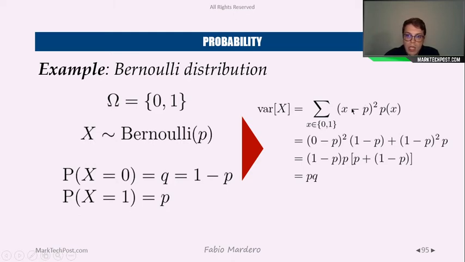Now we have to do the same. We have this is 0 minus p to the power of 2, times 1 minus p. Then we have 1 minus p squared times p. Rearranging, we get that the variance of x is equal to p times q.